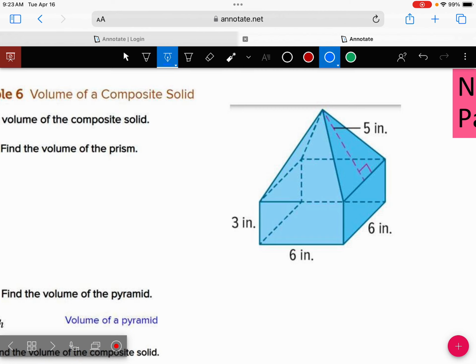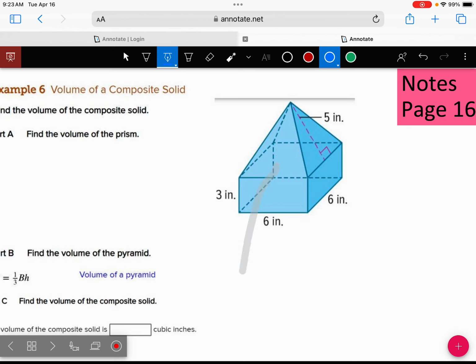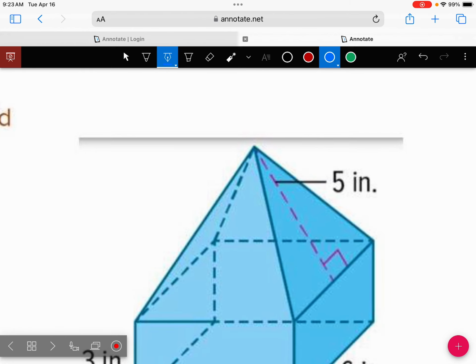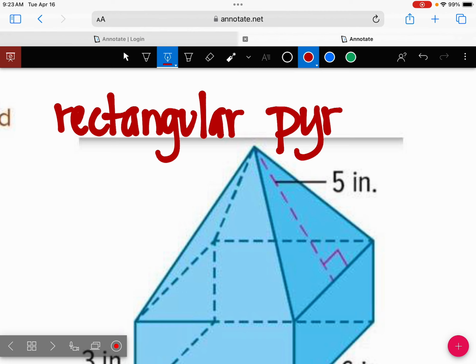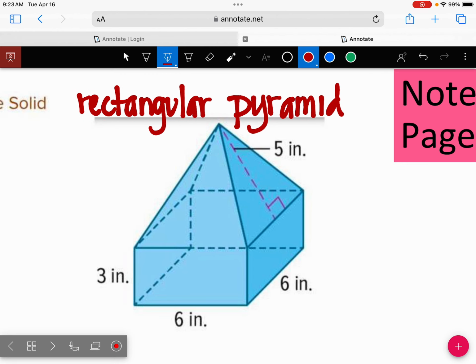A rectangle or a square. So this one, we have a rectangular pyramid. And we're going to add that to, what do we have at the bottom? What is this called? A prism. And we're adding that to a rectangular prism.